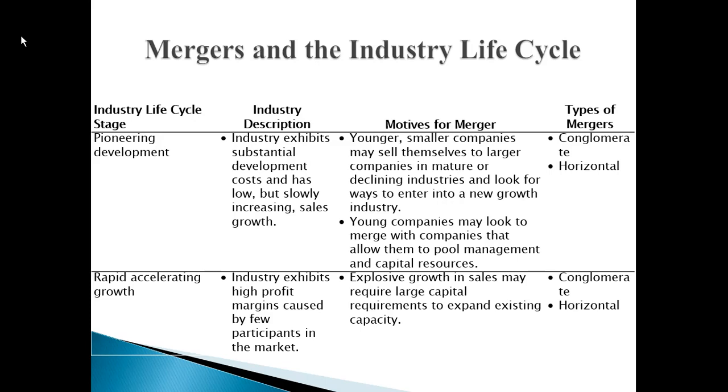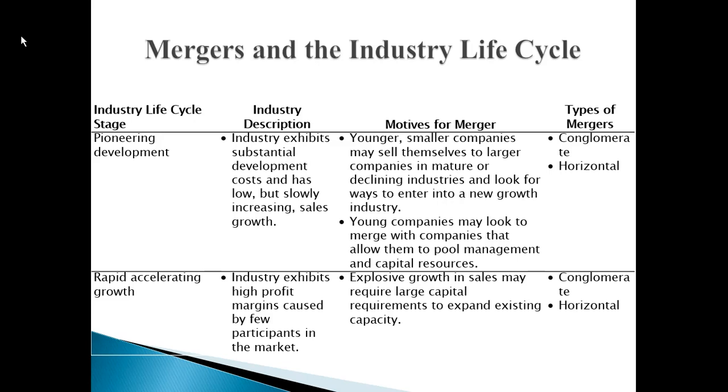We move on to the industry life cycle stage of rapid accelerating growth. When it's rapid accelerating growth, the industry exhibits high profit margins caused by few participants in the market. The market is growing at a fast rate, and there are few participants in the market.